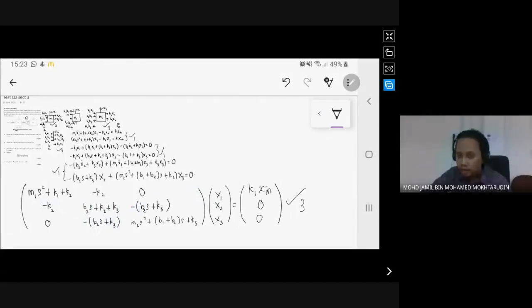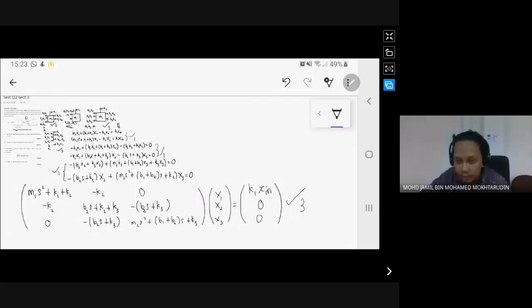Sekali je lah deduct untuk K1, tak ada untuk X in tu. Saya deduct dekat sini, saya deduct kat sini 2 kali lah. So kalau dekat matrix tak ada K1 dekat X in lah, soalan Syukran tadi. So kalau kat FBD letak K3 X3 tapi dekat equation careless letak K2 X3 minus 1 mark.